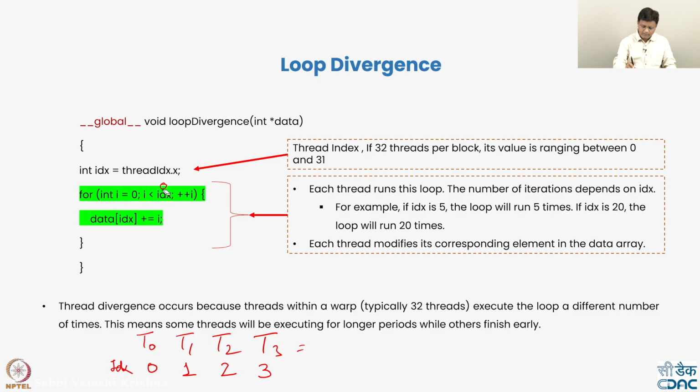But for thread 1, the IDX value is 1 and i starts from 0, so this statement is going to execute one time.